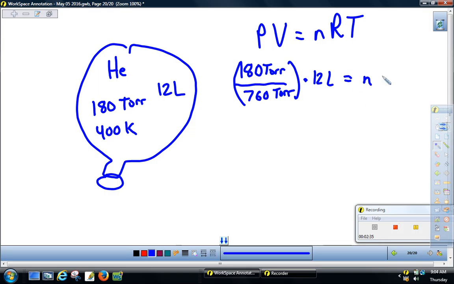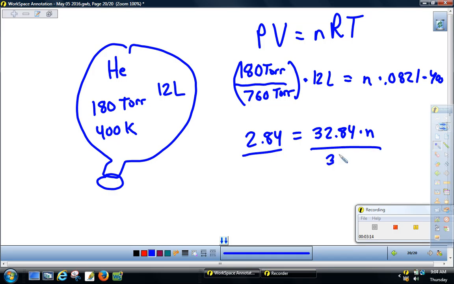We're solving for n. R is 0.0821. Temperature is 400 Kelvin. So let's simplify what we can. 180 over 760 gives us 0.23684211053 atm of pressure. We multiply that by 12 liters, and that gives us about 2.84 on the left side, equal to 0.0821 times 400, which is 32.84, times n.